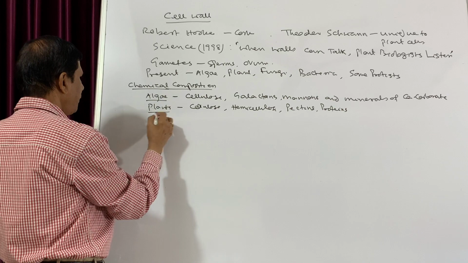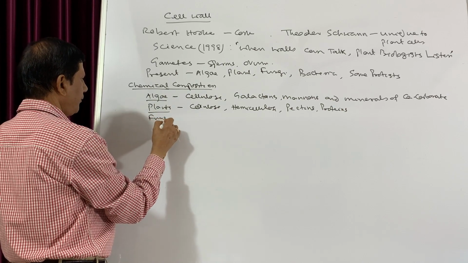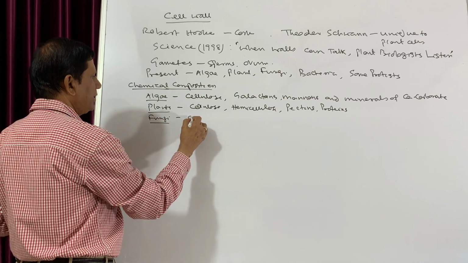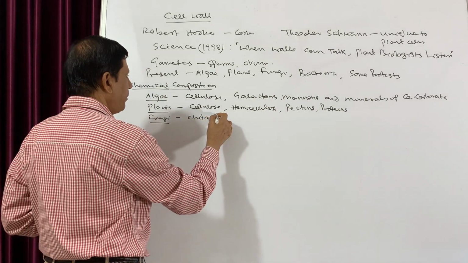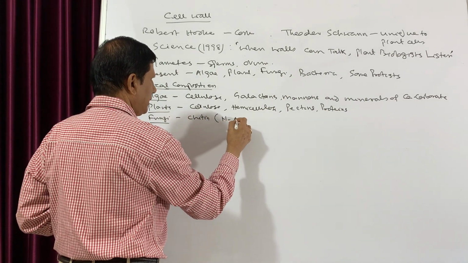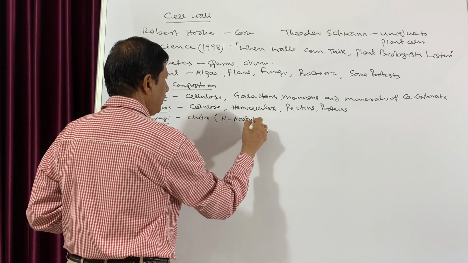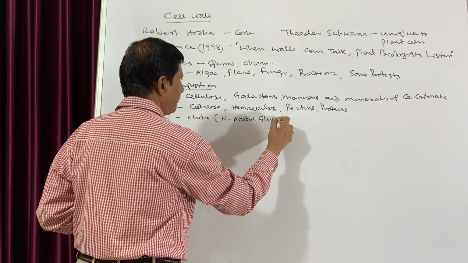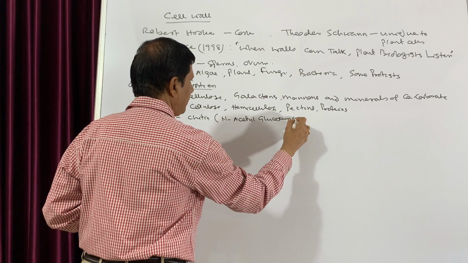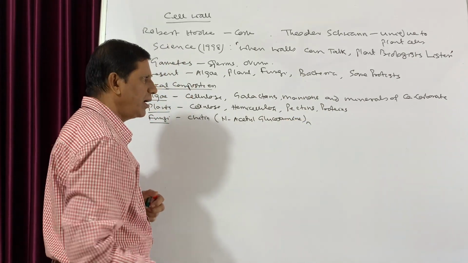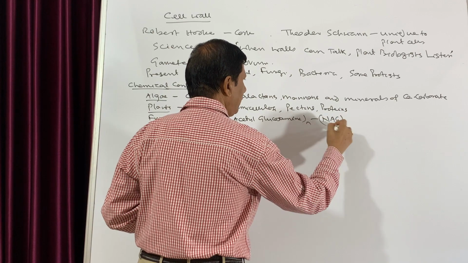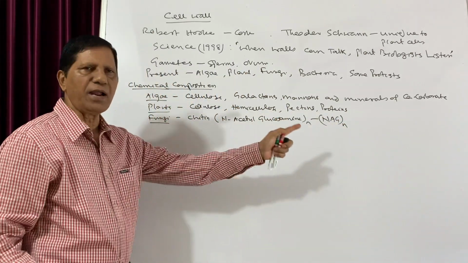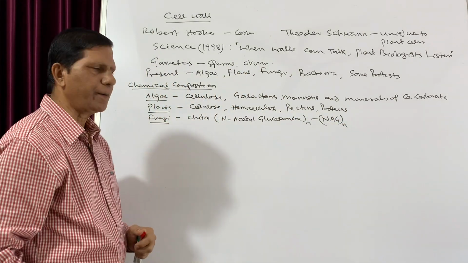In case of fungi, usually the cell wall is made up of chitin, and this chitin is a polymer of N-acetyl glucosamine. N-acetyl glucosamine is usually written in short as NAG. That means chitin is a polymer of NAG, N-acetyl glucosamine.